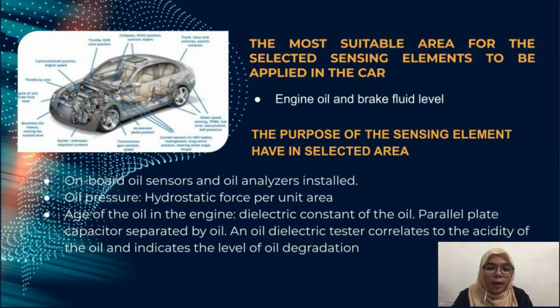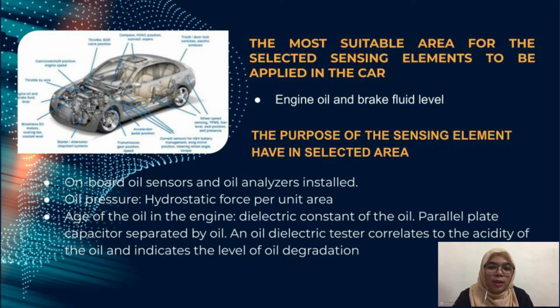The most suitable area for the selected sensing elements to be applied in the car is the engine oil and brake fluid level, which is the engine sensor. So the second question is the purpose of the sensing element in the selected area, which are the onboard oil sensors and oil analyzer. Oil pressure is hydrostatic force per unit area.